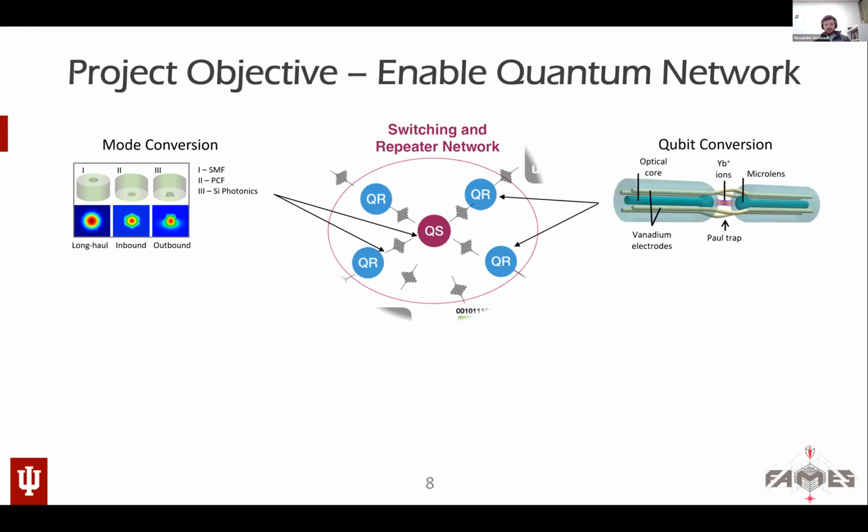Another thing is mode conversion, is qubit conversion. So we have been talking about, for instance, ionic processors that need to be coupled to each other through photonic links. If you look into an ionic processor that is inside a Paul trap, due to the shape of the trap, it cannot be too shallow, otherwise the ions will escape, because you have Coulomb interactions between them that repel them from each other.